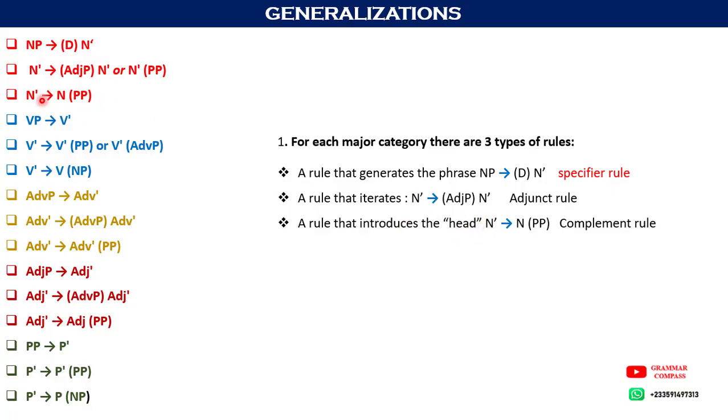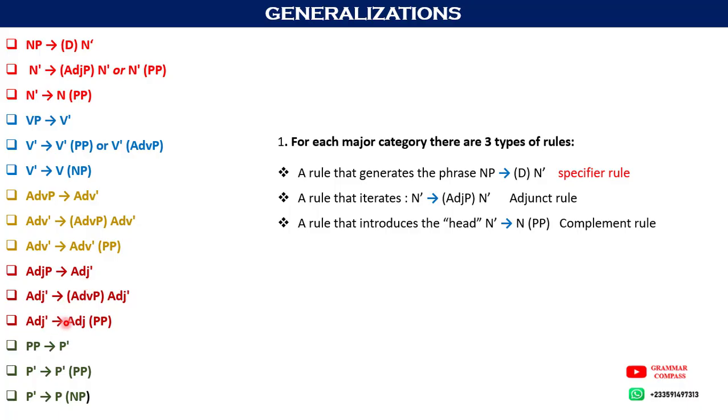In the noun phrase, the complement rule is the last rule, and it introduces the head, that is the noun. In the verb phrase, the complement rule is the last one, which introduces the verb head and the complement. In the adverb phrase, the complement rule is this one, and it introduces the AdV bar and a prepositional phrase.